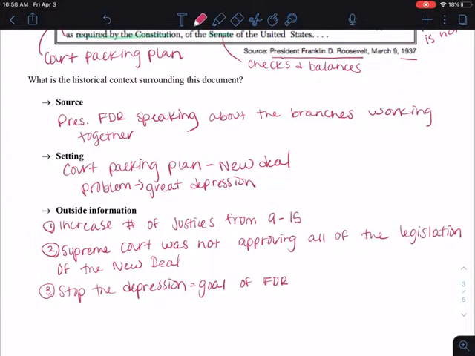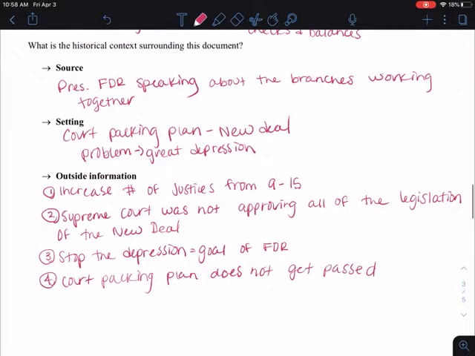And this doesn't get passed. We can put that down. The court packing plan does not get passed. But, and this, I promise, is the last thing I'm going to put down, the effect of this on FDR is his approval rating goes down.